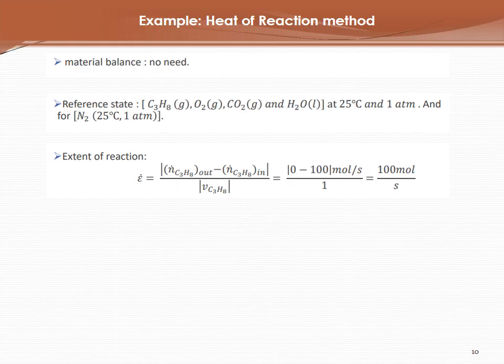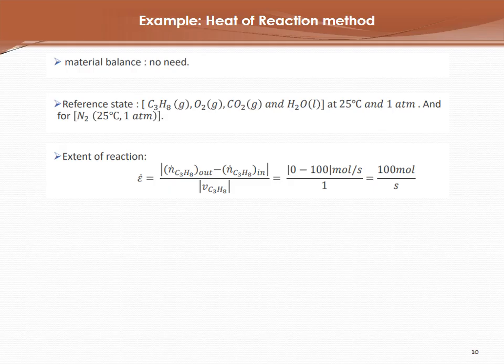The next step is to calculate the extent of chemical reaction. We must choose one species to calculate it. You must know the input and output flow rates for the species that you choose. In the present problem, since we have the values for all of the species, it doesn't matter which one you choose. So presently we have chosen propane.